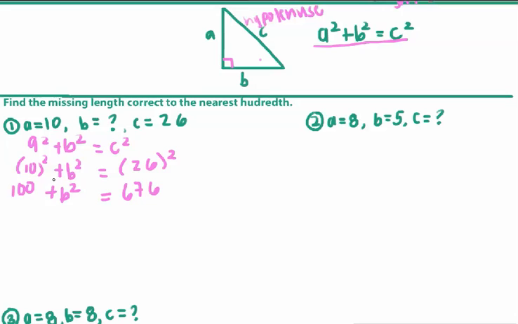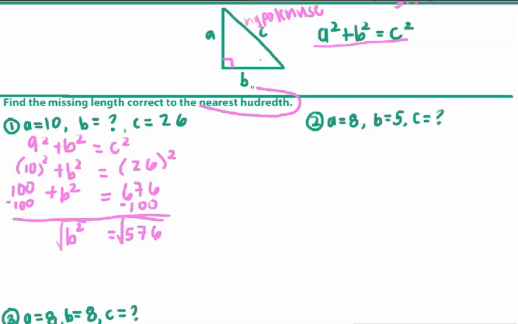Okay, just like what we did yesterday for the solving portion, let's get B by itself. We're going to subtract 100 from both sides, and so we get B squared equals 576. What will be cool for today is that you can use your calculator, because like I said, you have to give me answers to the nearest hundredth, so you don't have to worry about radicals.